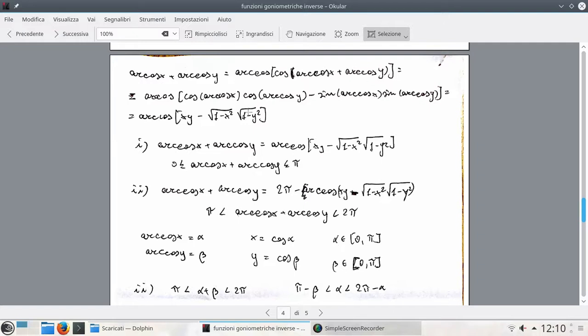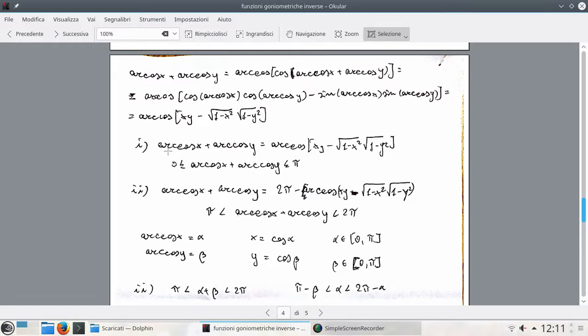Okay, actually, in the same way as arcsin, this equality is valid only in a first approximation, and we should modify this equation in consequence of the position in the unit circle of the sum arccos x plus arccos y.